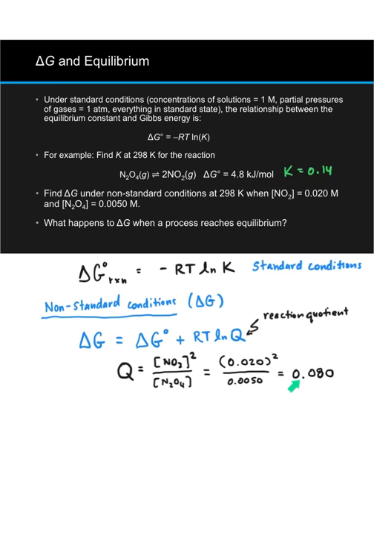Let's see if that gets reflected in our non-standard Gibbs energy. We should expect that it should be spontaneous from here on out to make more products until our reaction establishes equilibrium. Delta G is equal to our standard Gibbs energy, which we were given as 4.8 kilojoules per mole, plus RT, using again R in kilojoules per mole per Kelvin.